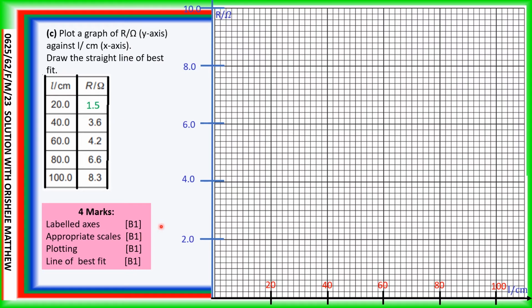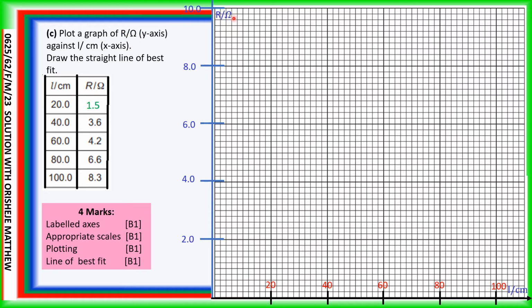This is 1 mark. So even without plotting the graph, if you can take care of your axis and your scale, and most times from the question of the graph to plot, they are already giving you 1 free mark with the unit. So all you need to do, just transfer this and you get this free mark here.